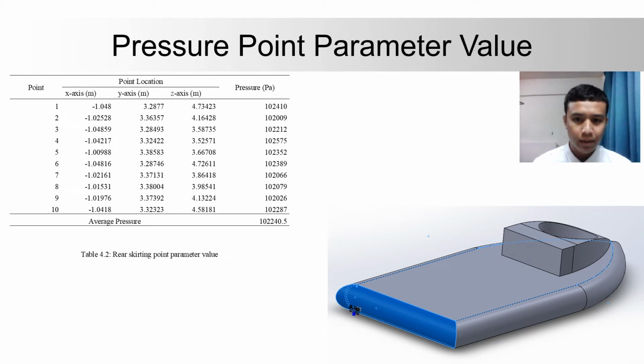Pressure point parameter value, this is for the rear skirting point parameter value.